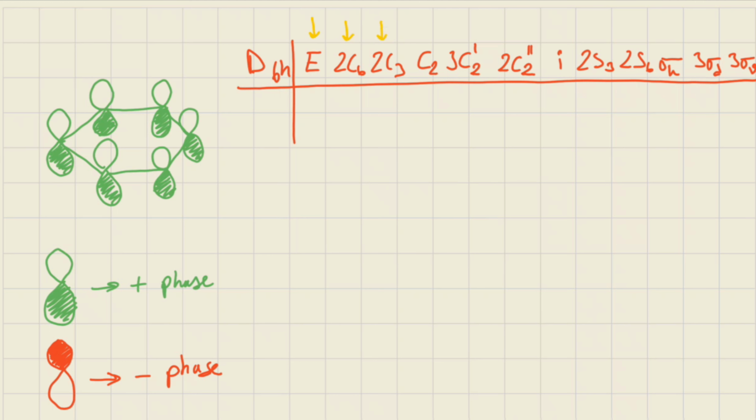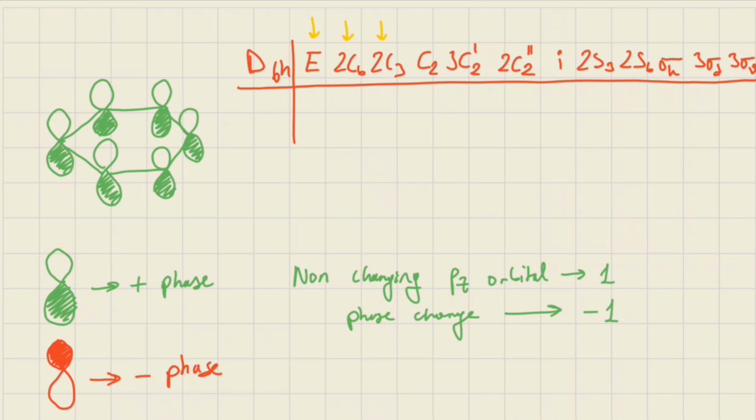Okay, for instance, if we apply E, what does it mean? We will not do anything to the pz orbitals, and I will look at the non-changing pz orbitals. If it is not changing for each one, I will write 1. If there is a phase change, I will write -1.